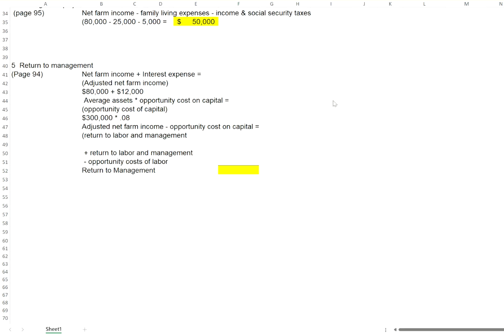Next, we'll take a look at calculating the return to labor and management, and finally, the return to management. So we first of all need to get what's known as the adjusted net farm income. That will be the net farm income plus the interest expense. Those were given as 80,000 and 12,000. When I add those together, we get 92,000.